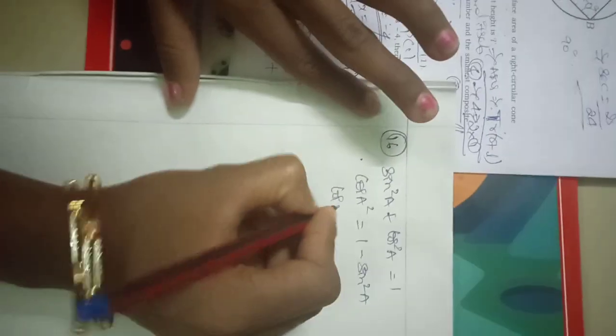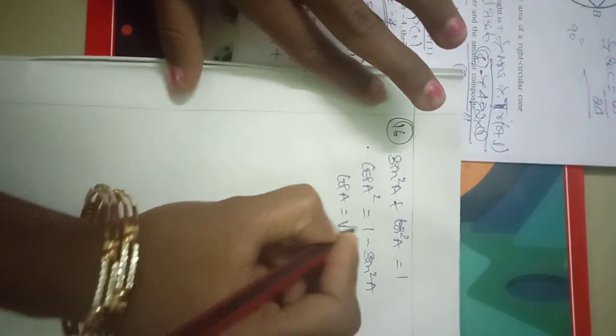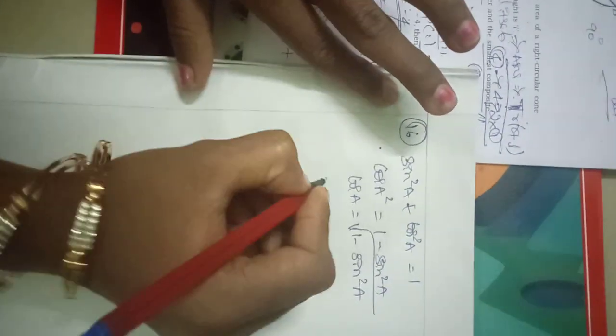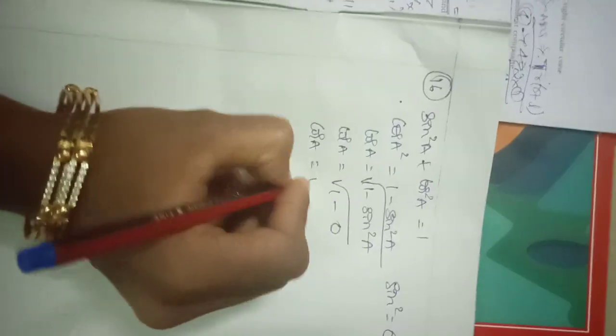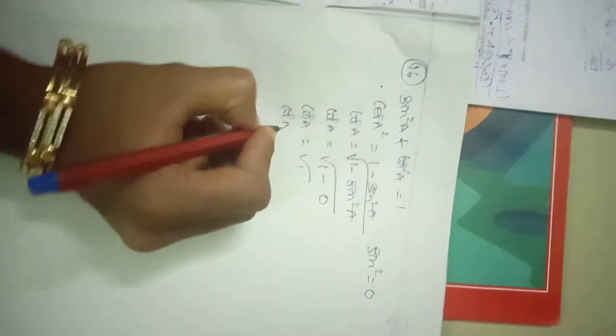Then cos a is the root of 1 minus sine square a. The sine square value given in the question is 0, so 1 minus 0, cos a is root 1, which is 1.